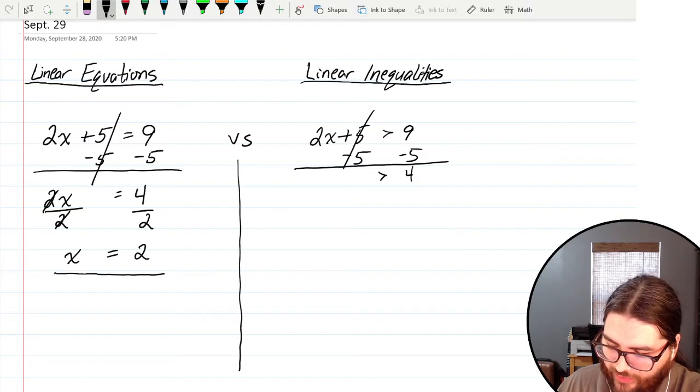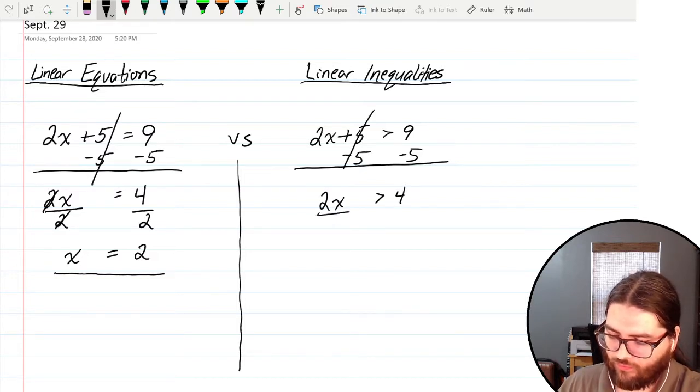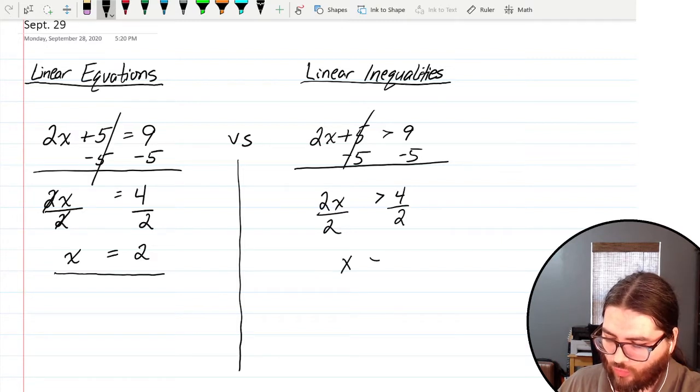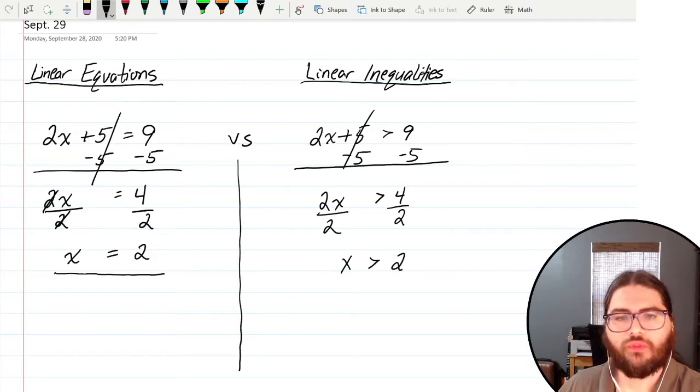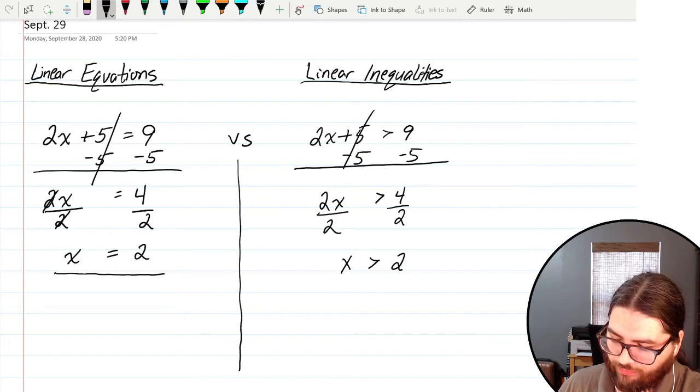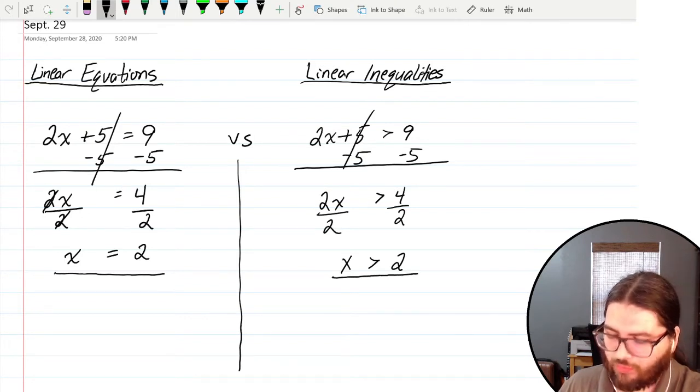Now instead of an equal sign, I've got a greater than. This is greater than 4. Divided by 2. Divided by 2. x is greater than 2.